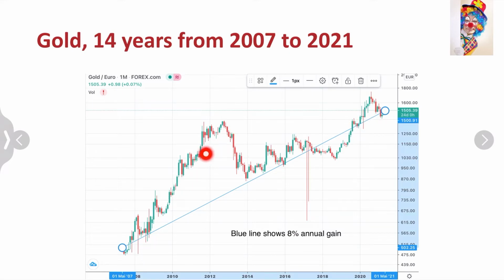We also have a big overvaluation, again lasting about 5 years. And the blue line shows 8% annual growth. That's a similar range as we had for the German stock index or the S&P 500, so that's not a big difference.